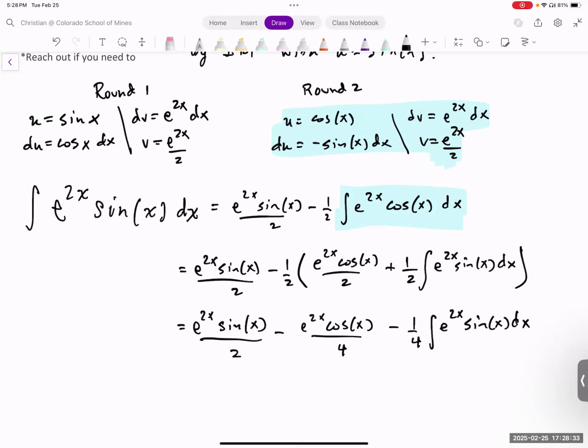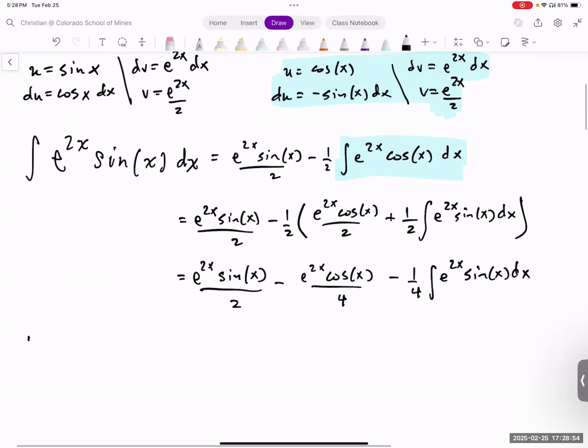And this integral is just like our original, up to a negative quarter. So we're going to add this whole integral over to the other side, and we're going to get this original integral plus a quarter of our integral. That's going to be 5/4 of the original integral.